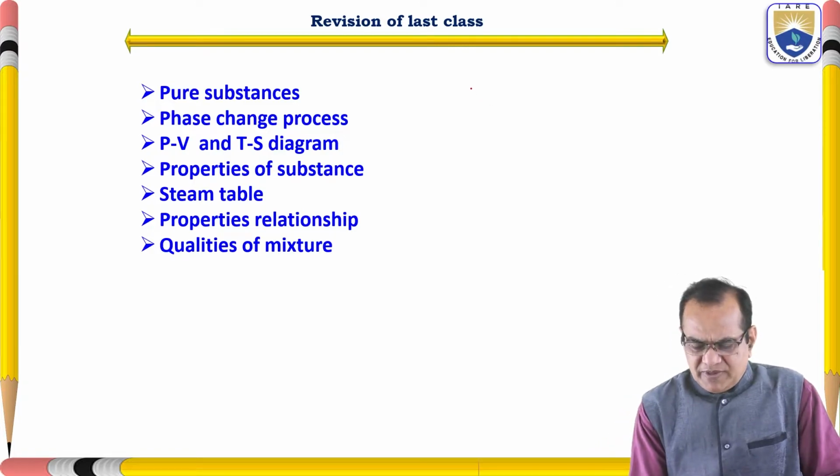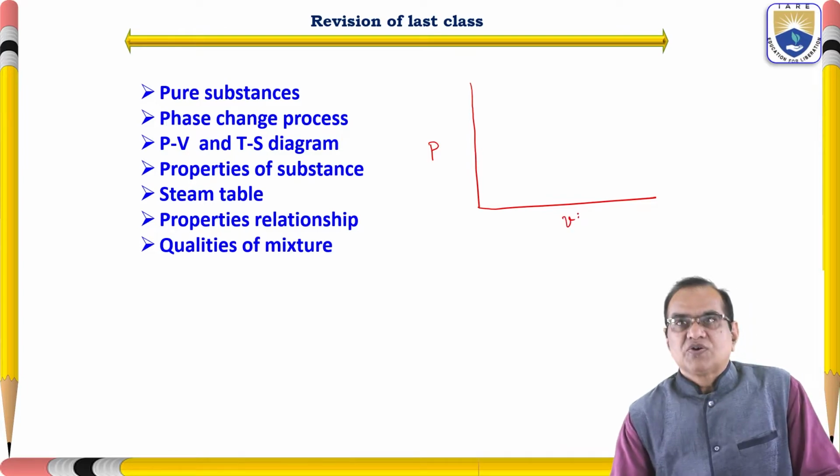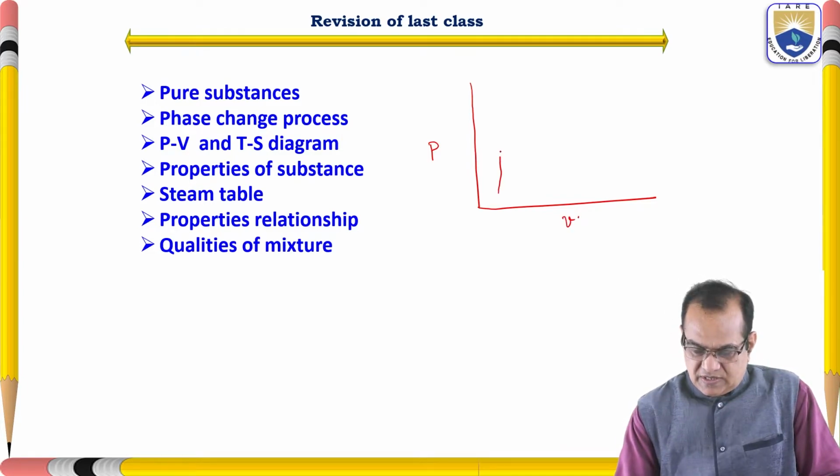So you may be remembering that if I draw the PV diagram, it is like this, and this is called the critical point.